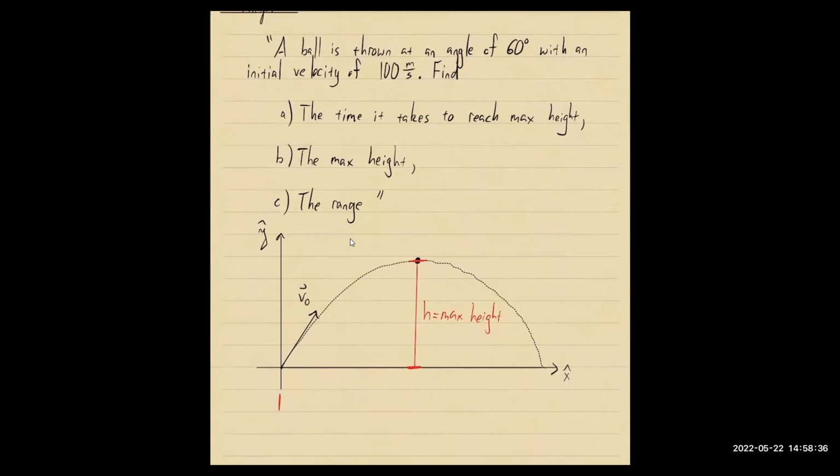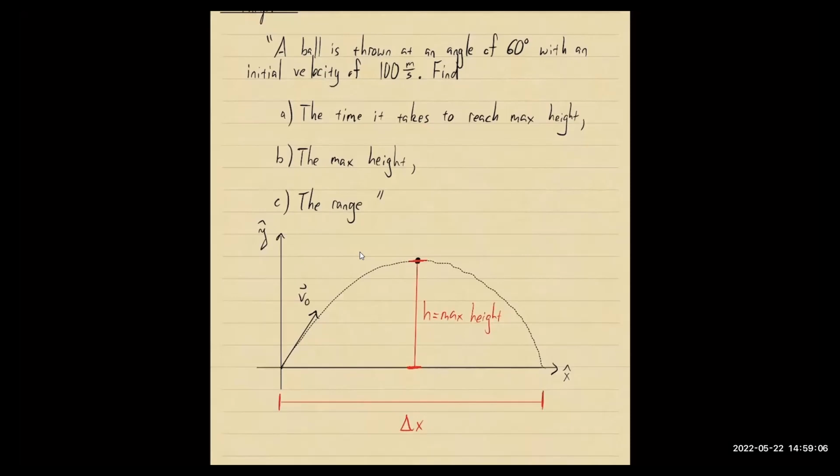So the object starts at the origin. It goes approximately over here. So the range here is r, and that's just how far the ball actually goes. You can also think of this, instead of r, as x, or even better, as the displacement in the x direction.